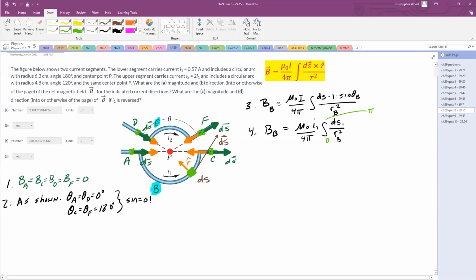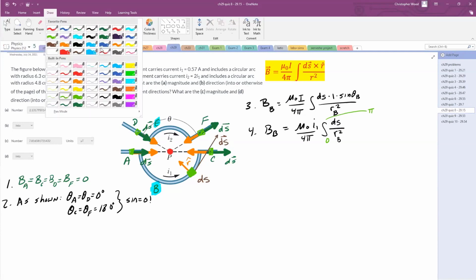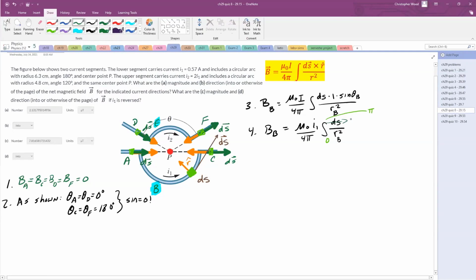And then you're going to do your substitution. You know how to substitute ds, birth of a radian. ds is going to become, and let's use subscripts, r of that bottom arc b times d theta. So it's business as usual.